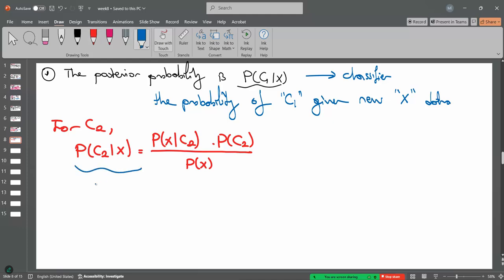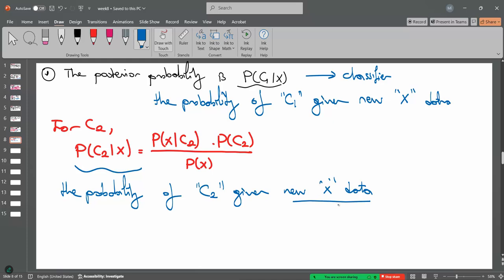And so in this case, this is the probability of C2 given the new x data, guys. Okay? This can be built as the Bayes classifier based on this information.